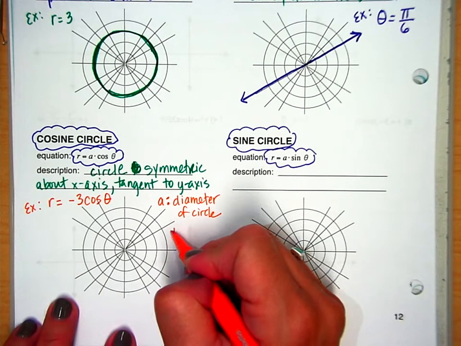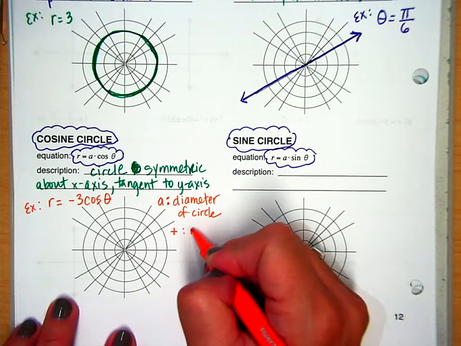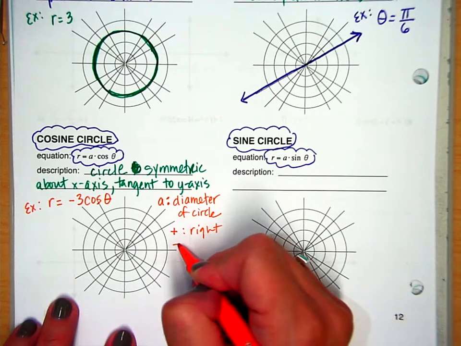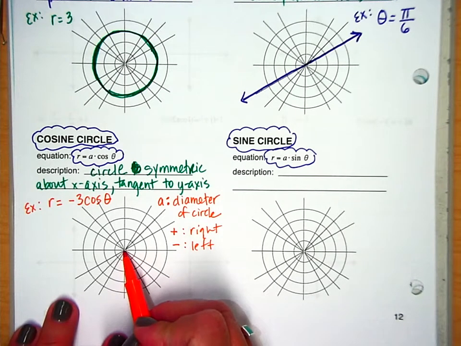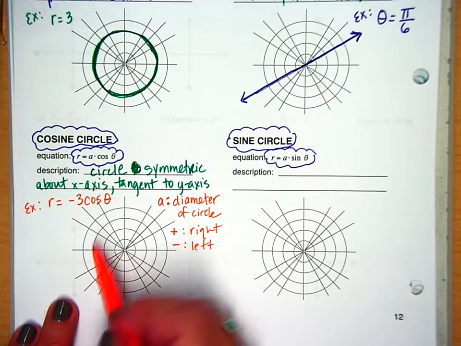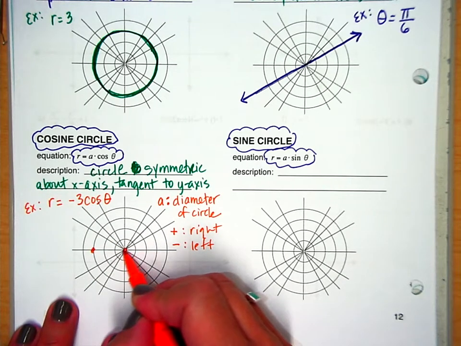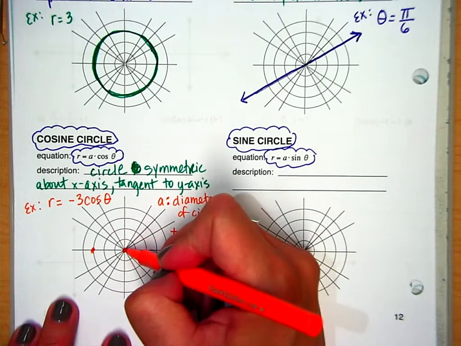If it's positive, it goes to the right. If it's negative, it goes to the left. So I'm going to have a diameter of 3, but it's negative, so I'm going to the left. So you start at your origin. It's going to the left 3. That's the diameter of my circle, and then I just draw a circle.